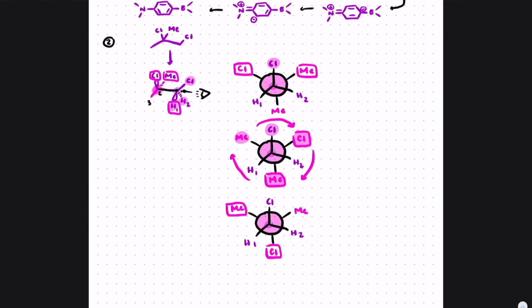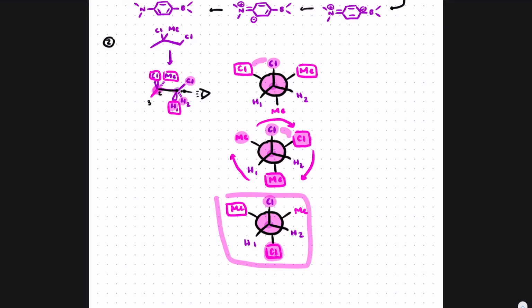So if we try and find the one where the chlorines are the furthest apart, this one, they're pretty close together. This one, they're pretty close together. And so this one is the one with chlorine the farthest apart. And so this one is going to be your, excuse me, your lowest energy conformer.